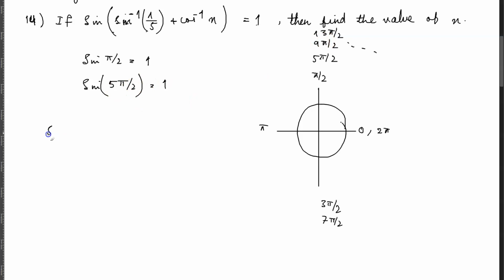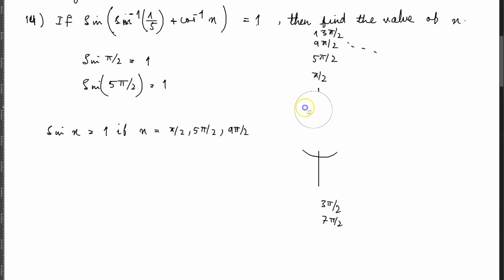So that means you can say that the sine of x is equal to 1 if x is equal to pi by 2, 5 pi by 2, 9 pi by 2, 13 pi by 2, and so on and so forth.